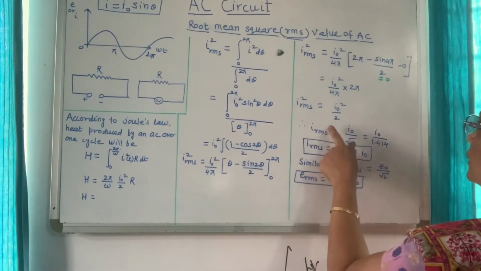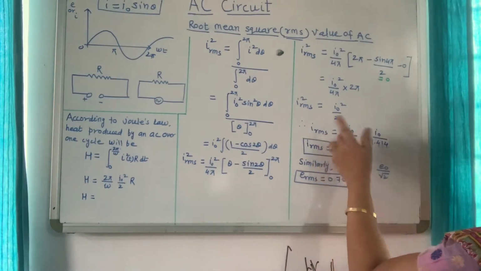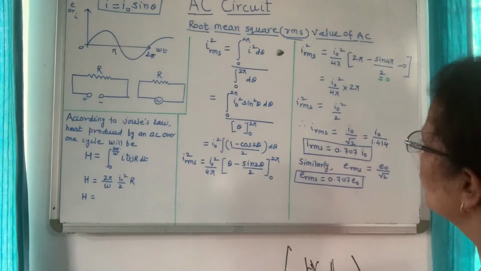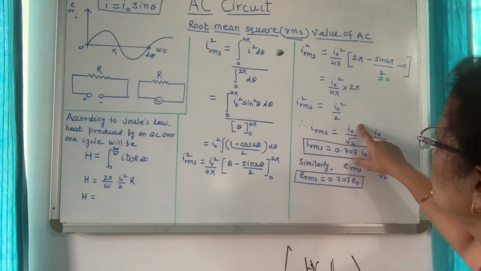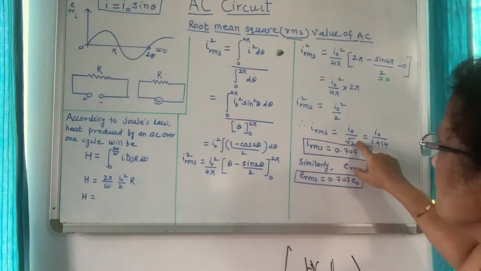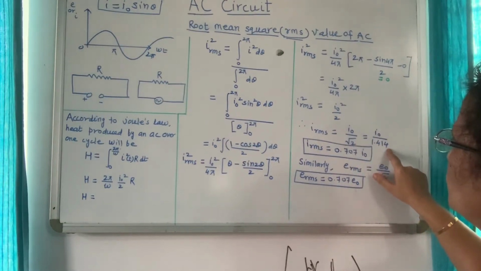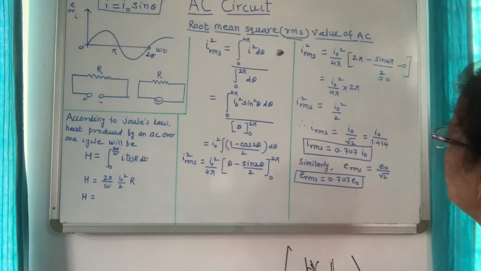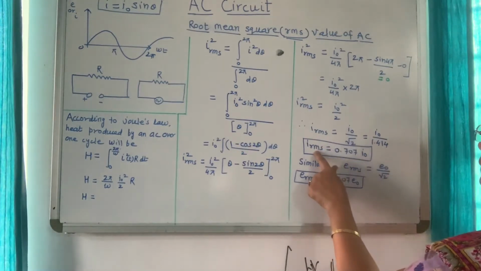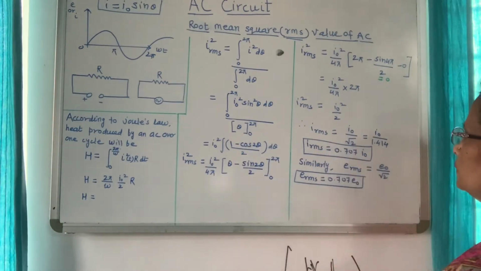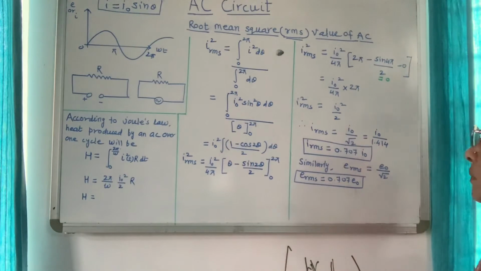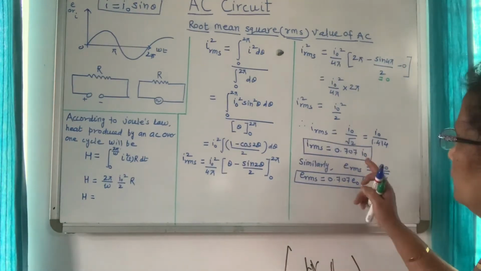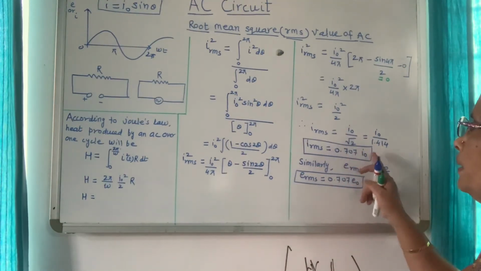Taking the square root on both sides, I RMS is equal to I0 upon root 2. Substituting the value of root 2 as 1.414, I RMS comes to 0.707 times I0. That is 0.707 times the peak value.